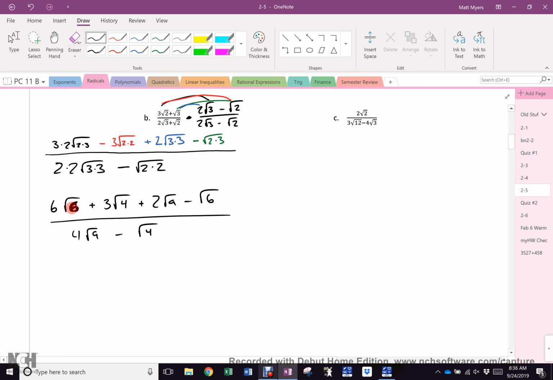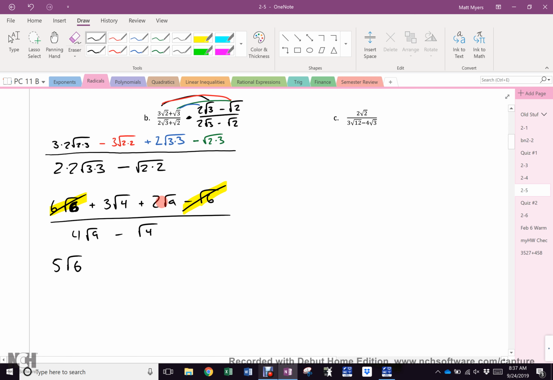Thank you. So, tidy up everywhere I can. Can I tidy up there with anything? Right there. What is 6 root 6's take away 1 root 6? 5 root 6. Gone, gone.